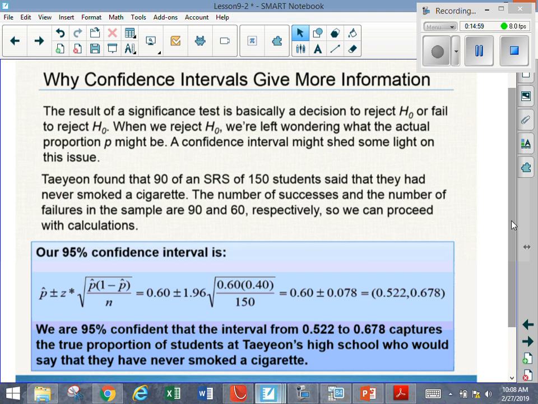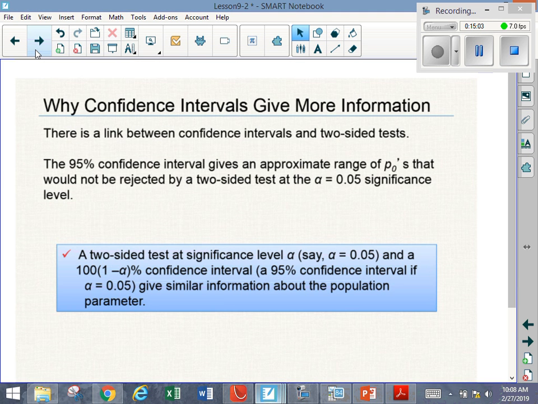I think there's a good picture of it. The two things are connected.